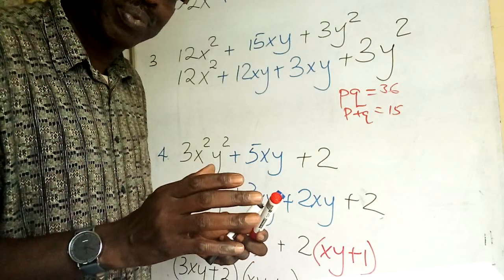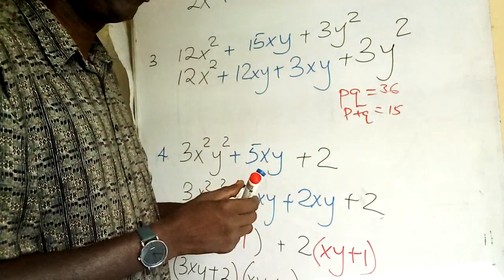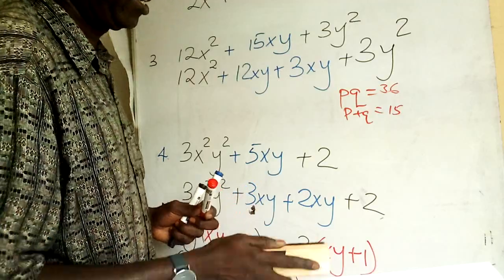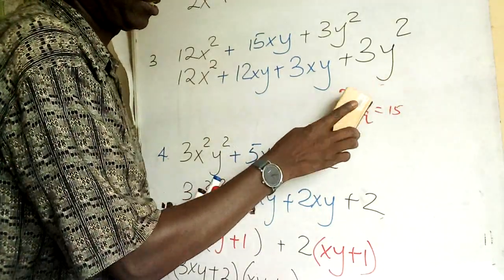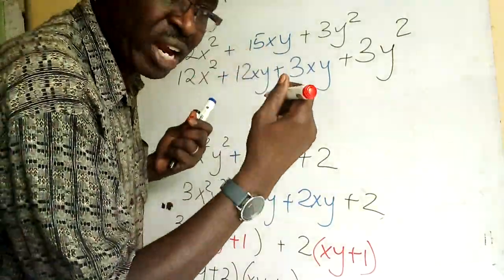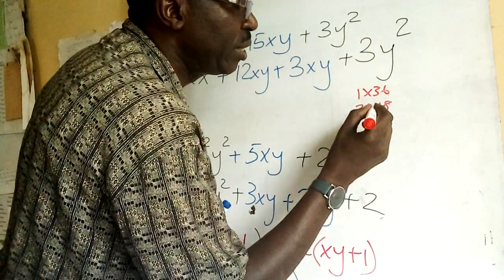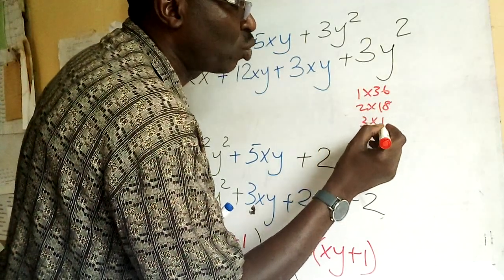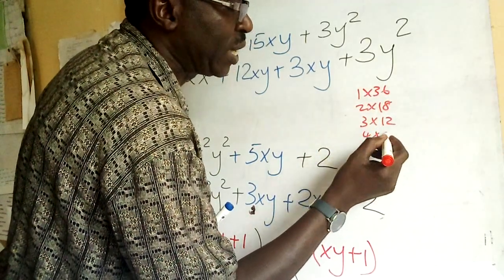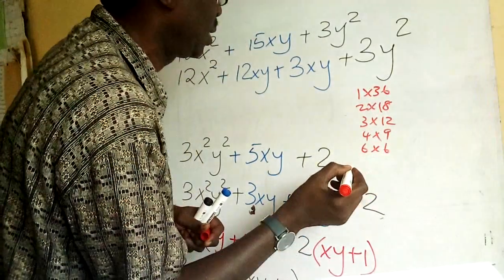Get the factors from the product. So our product is 36. I'm trying side work: 1 by 36, 2 by 18, 3 by 12, 4 by 9, and then I have 6 by 6.